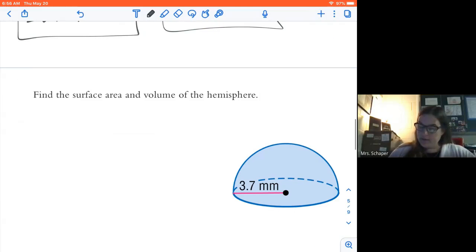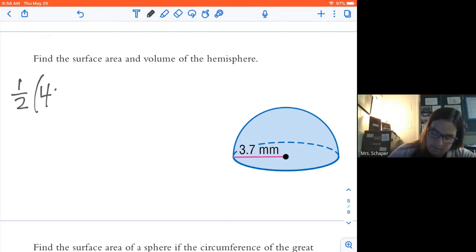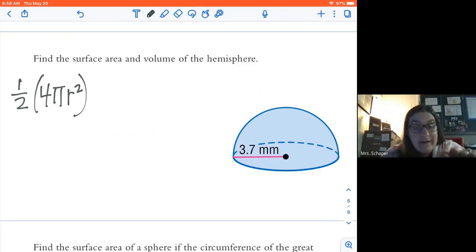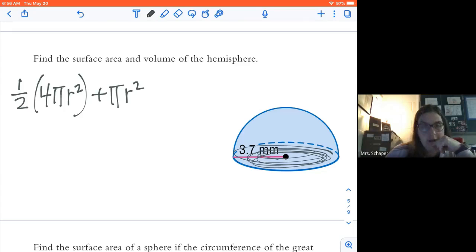Find the surface area and volume of the hemisphere. Let's start with surface area. Surface area is going to be half the total surface area, so 1/2 times 4 pi r squared. And we need to add the area of the great circle, which is pi r squared. We want to make sure we're including this area as well.